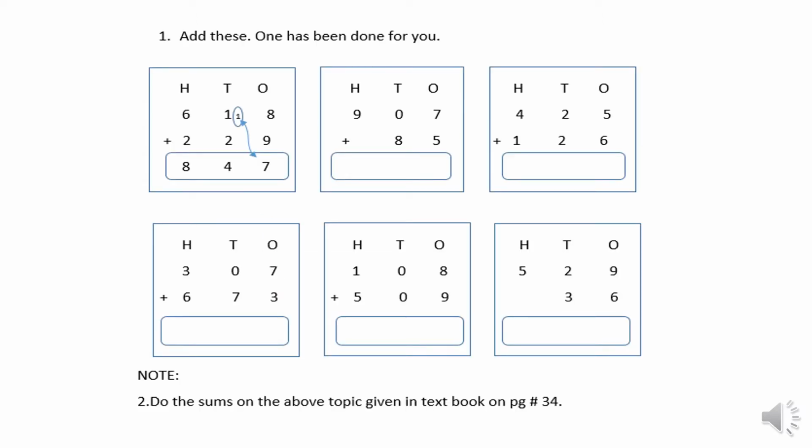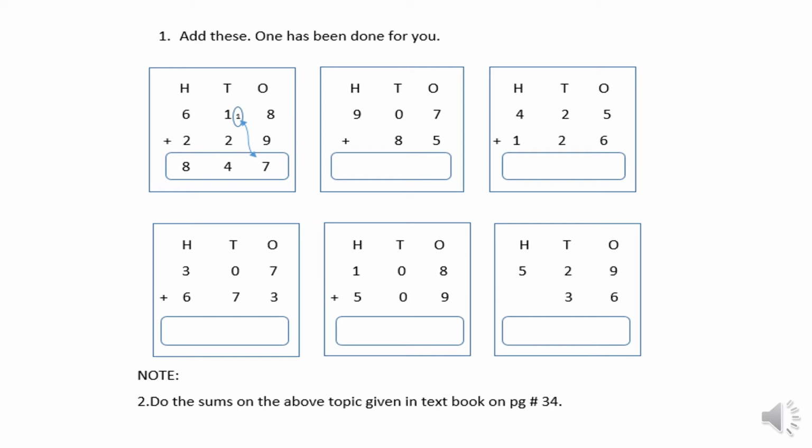Now I have given you 6 sums for practice, and the first has been done for you. In this sum you see in ones we have 8 and 9, in tens we have 1 and 2, and in hundreds we have 6 and 2. We start from ones. When we add 8 and 9 we get 17.